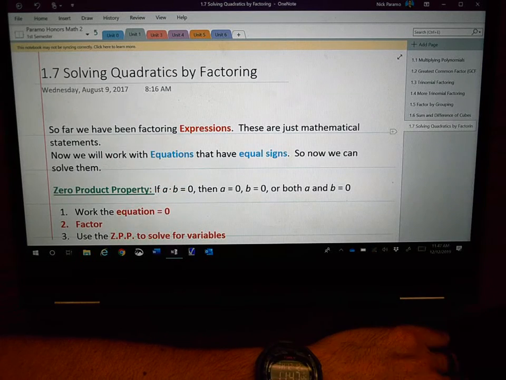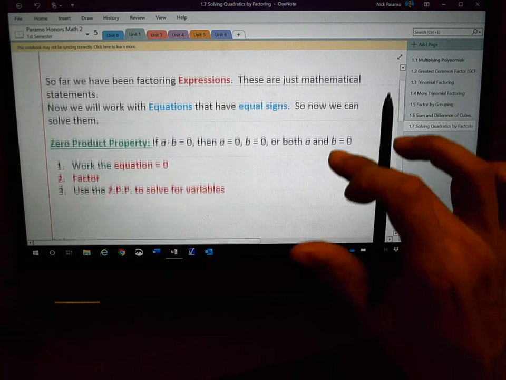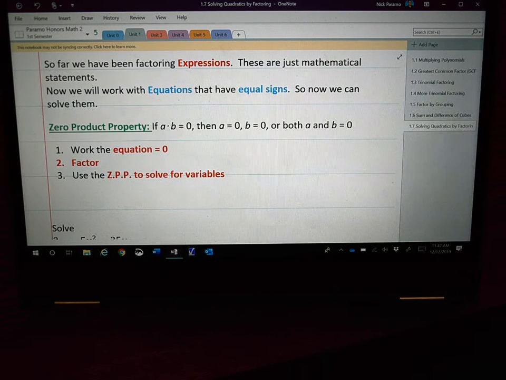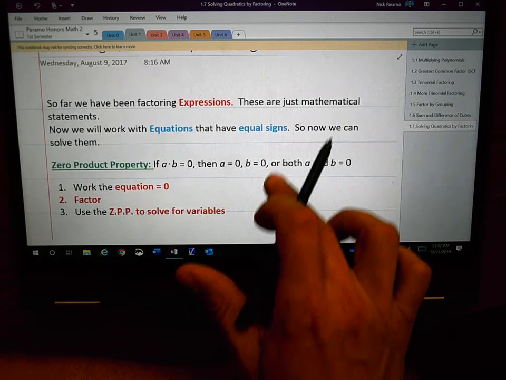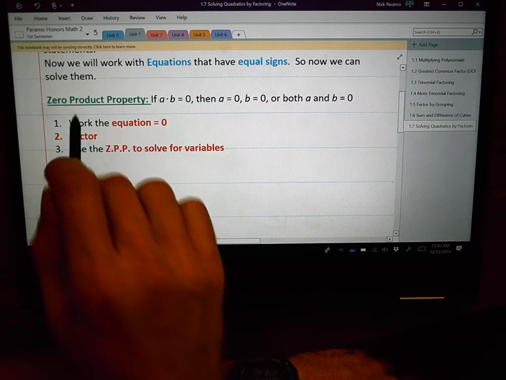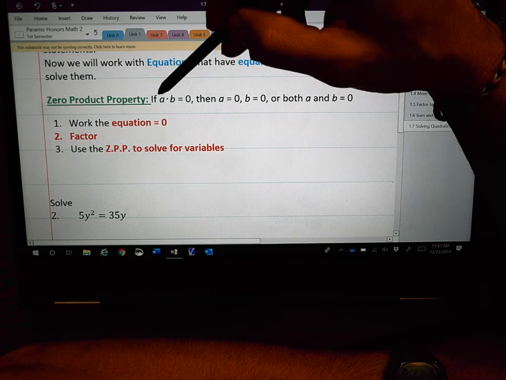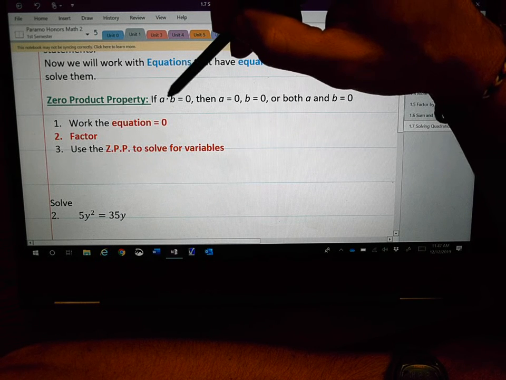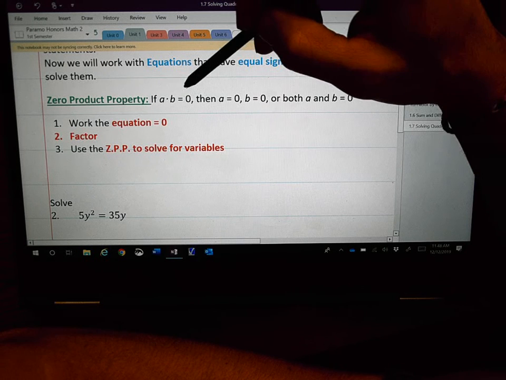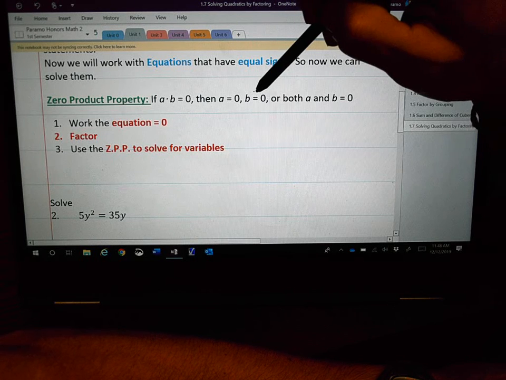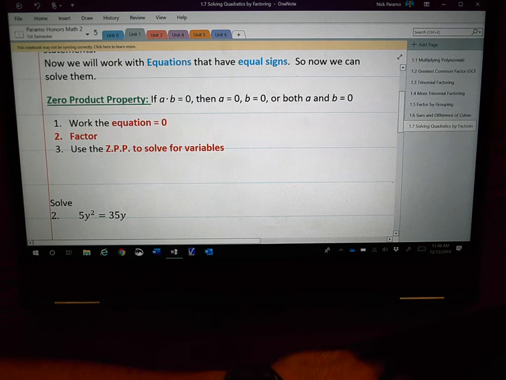The very last section was when you factored something, how could you use it to find possible solutions? How did you do it? You actually did something called the zero product property, which says if something times something, 2 unknowns, multiply to equal 0, then either the first thing has to be 0, or the second thing has to be 0, or both of them have to be equal to 0.